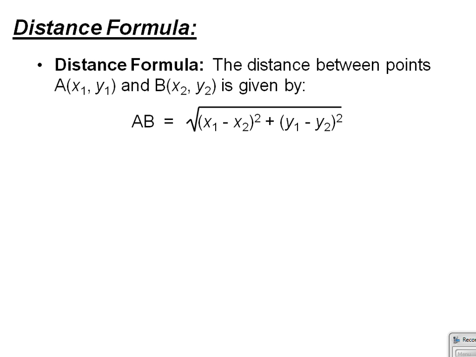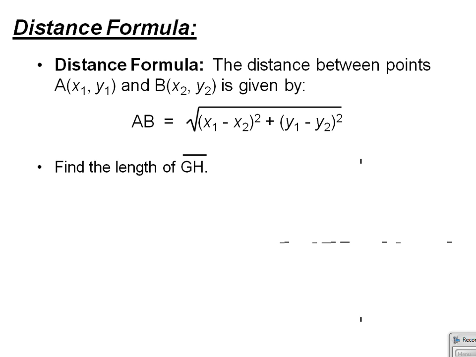In the distance formula, if we're given 2 points, say point A and point B, where A is denoted by its coordinates x sub 1, y sub 1, and B is denoted by x sub 2 and y sub 2, then we can calculate the distance between these 2 points by plugging the values into this formula, where the length of AB equals the square root of the quantity x sub 1 minus x sub 2 squared plus the quantity y sub 1 minus y sub 2 squared.